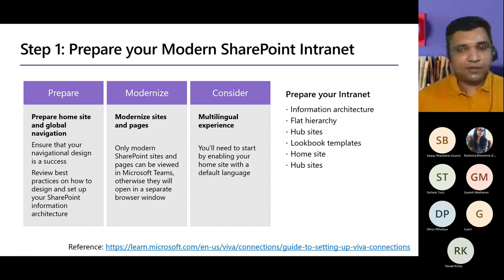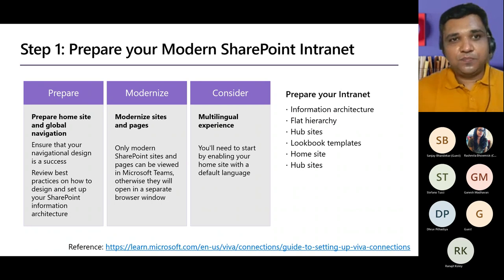Then connect all those flat hierarchy site collections into hub sites. There are lookbook templates available from Microsoft at lookbook.microsoft.com, so go ahead and use those templates. Home site is the experience that will help you to create your Viva Connections. Then start using all of those modern features to get the best Viva Connections experience.